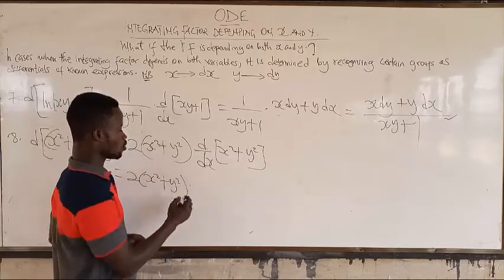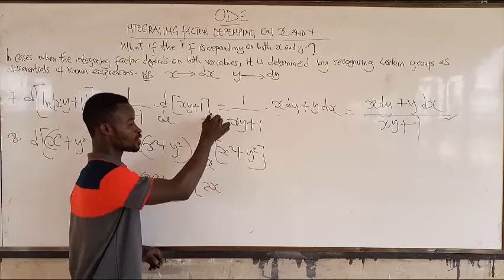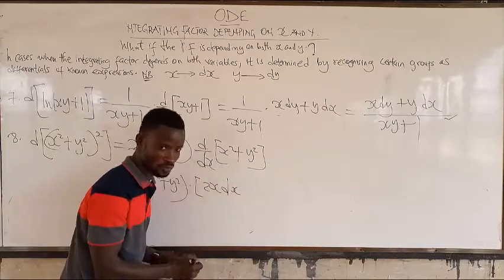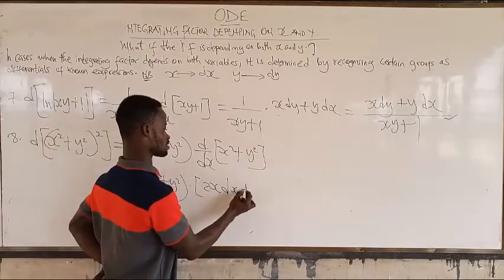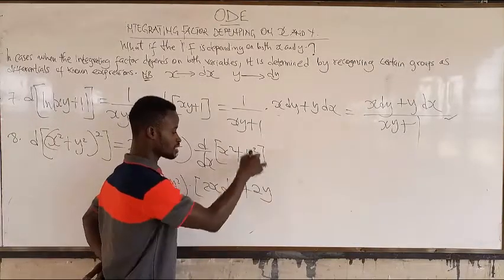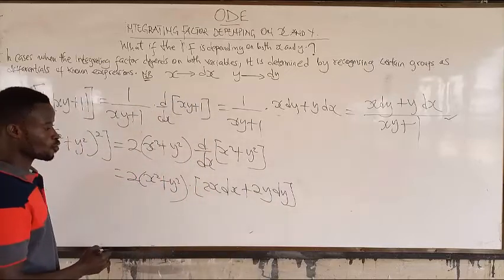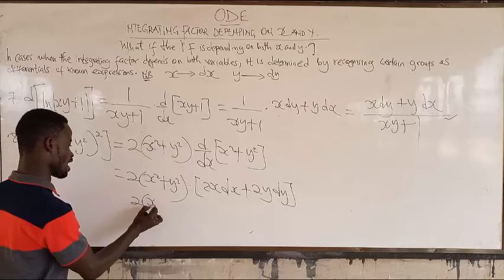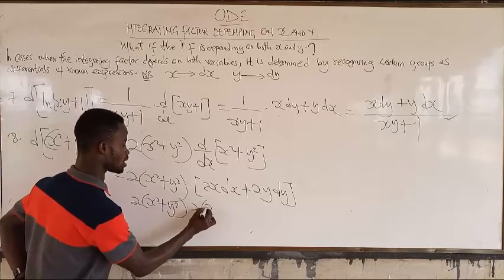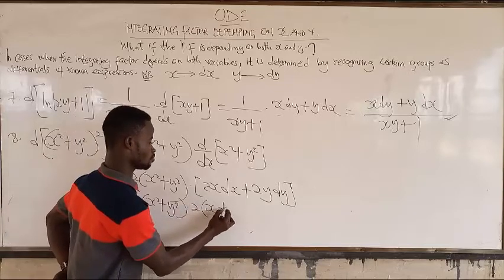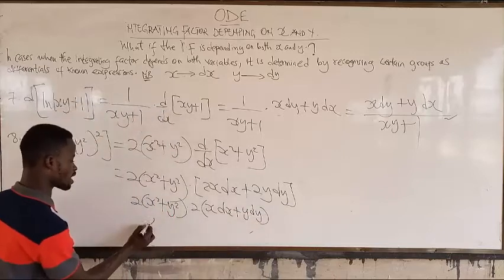Then here, when you differentiate, you get 2x, then you differentiate the inside, you get dx. Oh, we don't forget that. Alright. Plus, and the inside, you get dy. So here we get 2 times x squared plus y squared. Then 2 out here, we get x dx plus y dy. 2 times 2, we get 4.